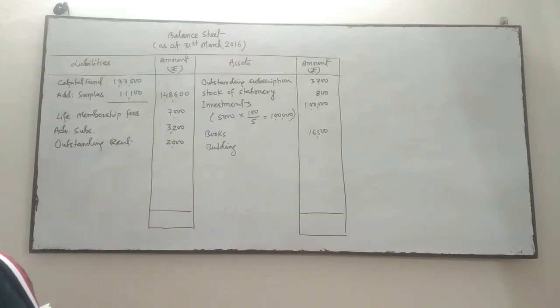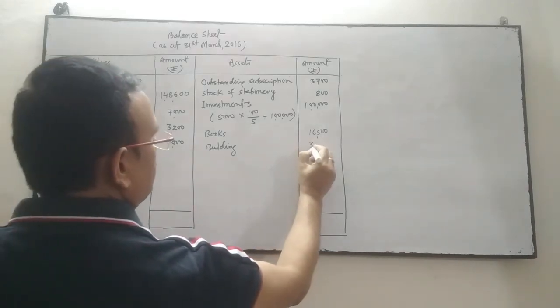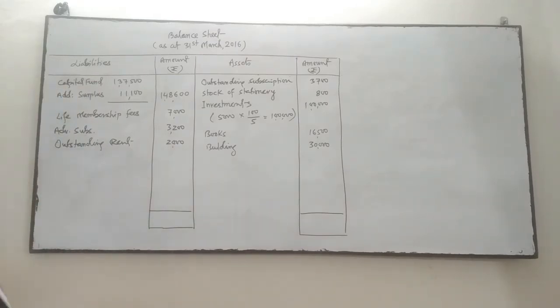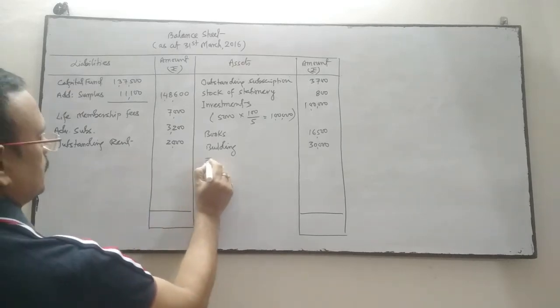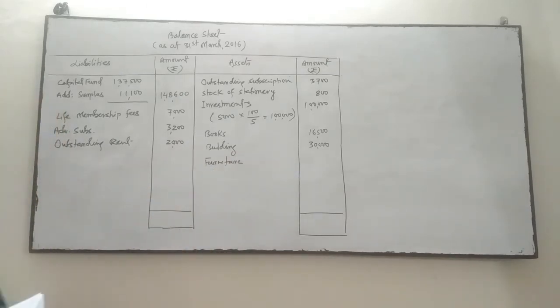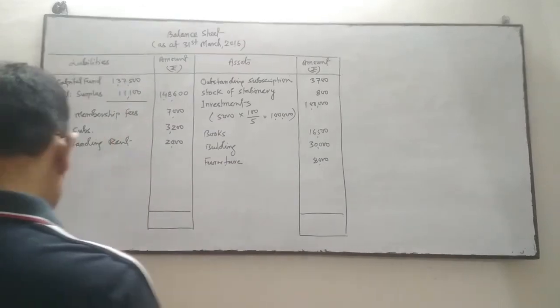So building, receipt and payment account, payment side, building purchase, it's a capital expenditure. We will write over here. After building, next is furniture. We have already prepared the ledger of furniture, and the closing balance of furniture is, you can see it, the second line of additional information, point number 5, 8,000. We will write directly 8,000.